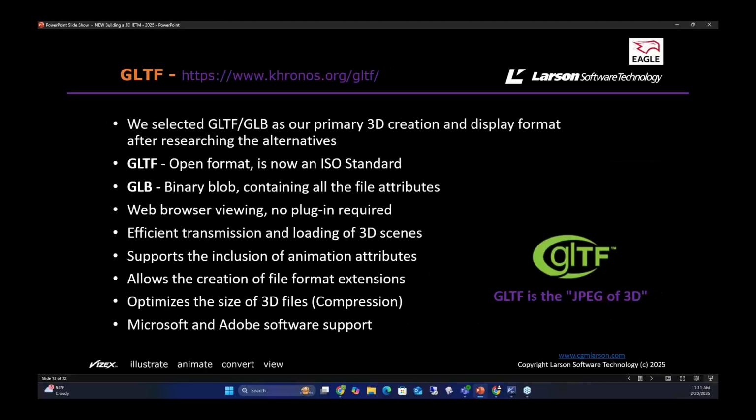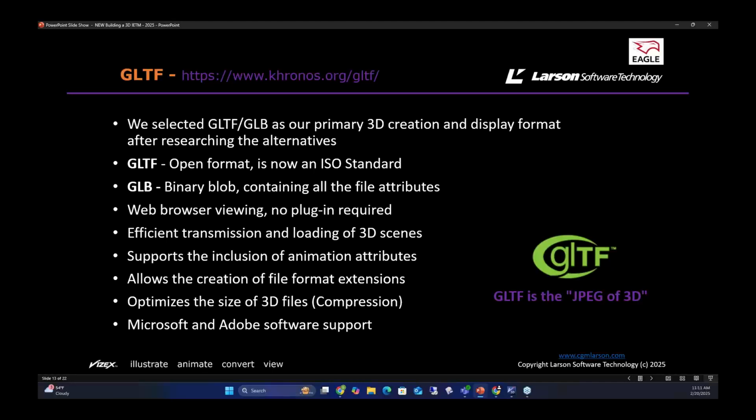So the main reason we chose GLTF was because it's open, it's a light file, it's an ISO standard, so everything is published on that file format. It has the GLB part to it, which means it's a binary file. So again, it's small and easy to store and move around.